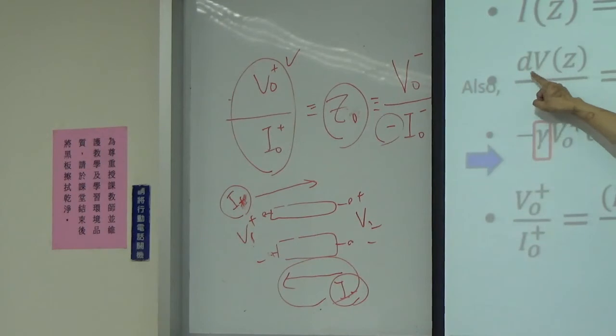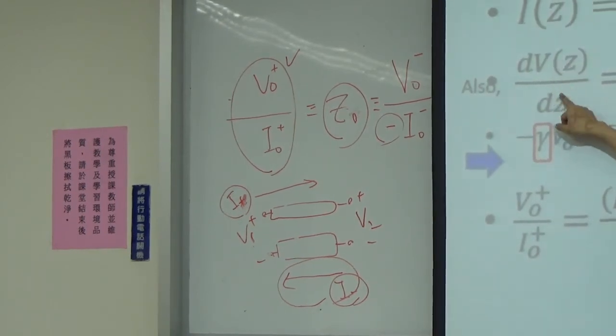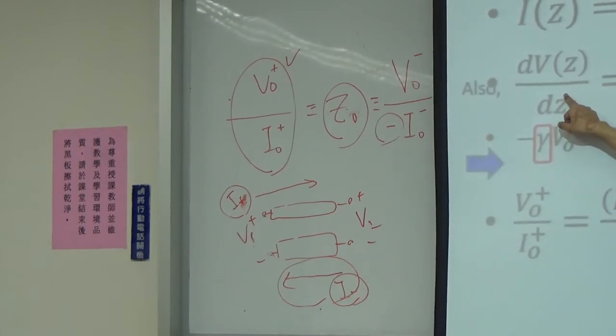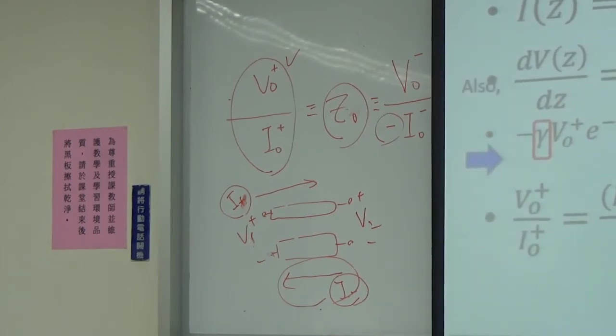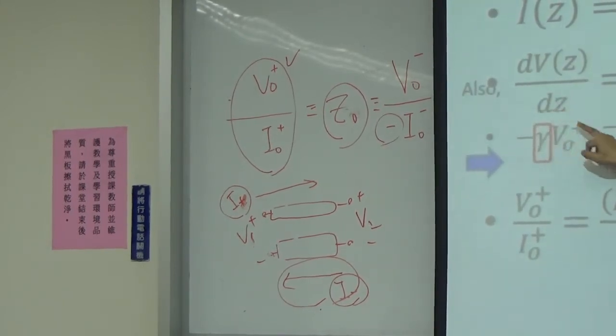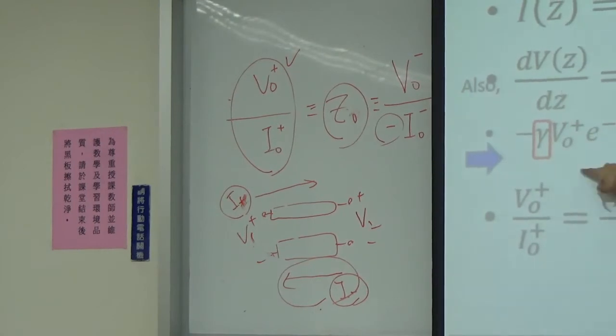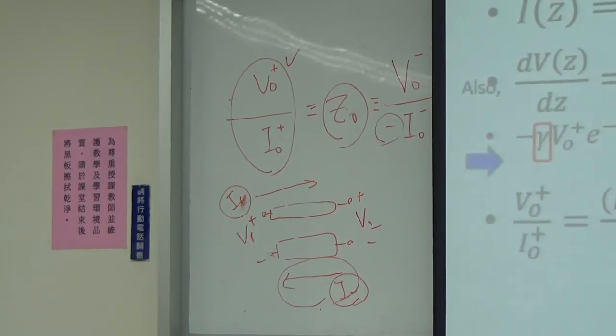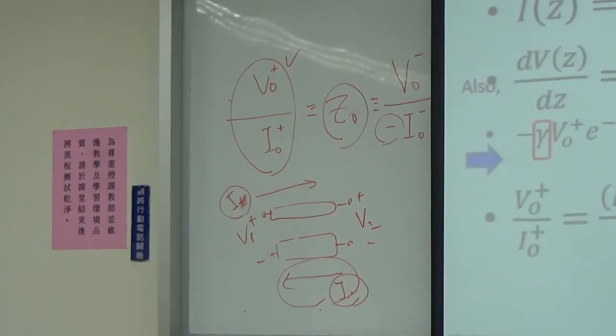When you take the partial derivative with respect to z, you put your voltage result here, and this part can become this one. Okay? Look at the V.